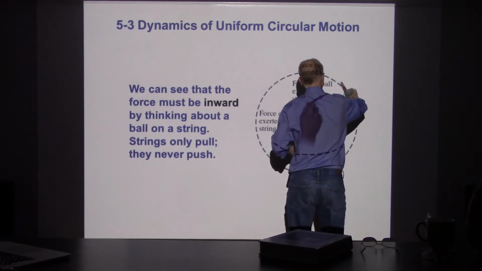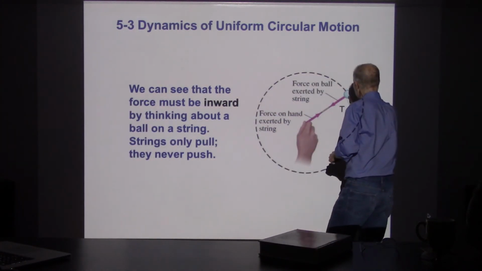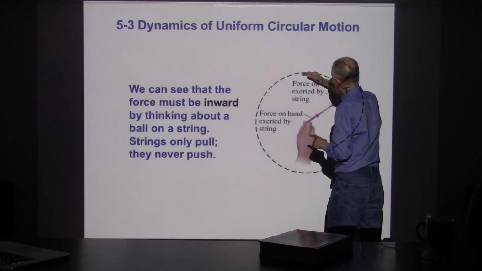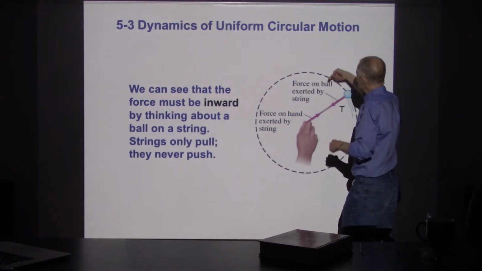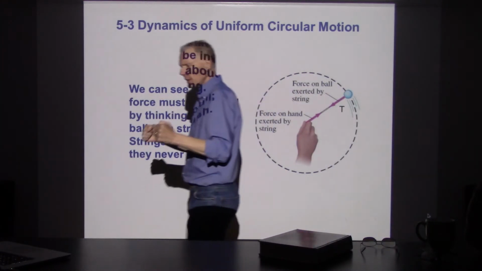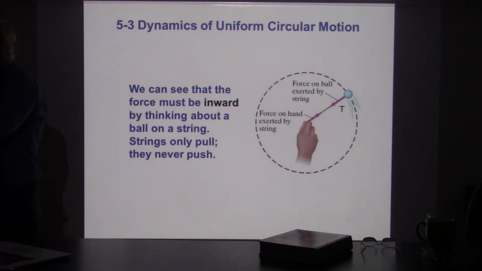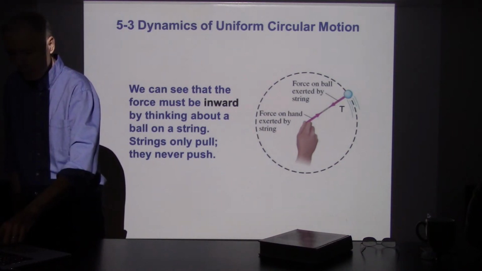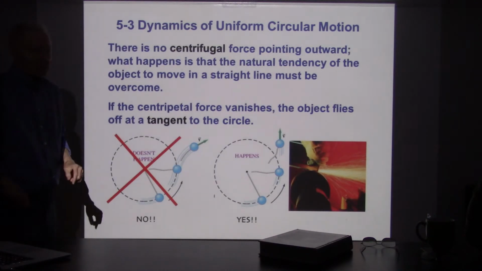The object otherwise would go in this direction. If I've got something going in this direction, but instead I would rather have it go in this direction, I pull it in that direction. So I've got to pull it or push it in the direction that I want it to redirect its velocity. Okay, so it's the centripetal direction that we're looking at with this.